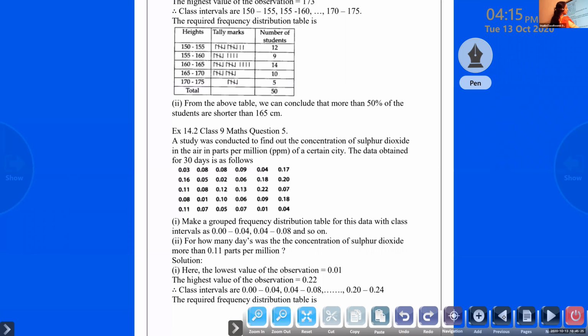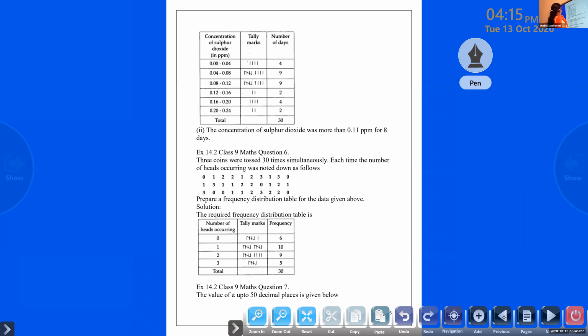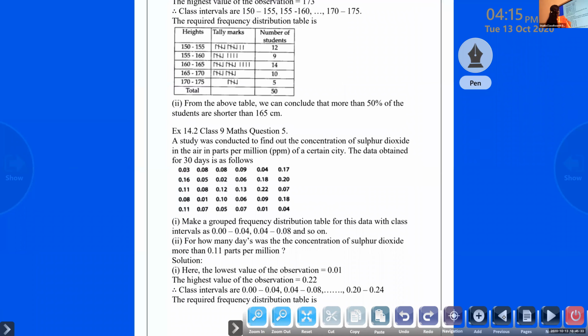Okay, shall I show the answers now? This is the answer, children. And one question is given in that. The question is, for how many days was the concentration of sulfur dioxide more than 0.11 ppm? How many days?